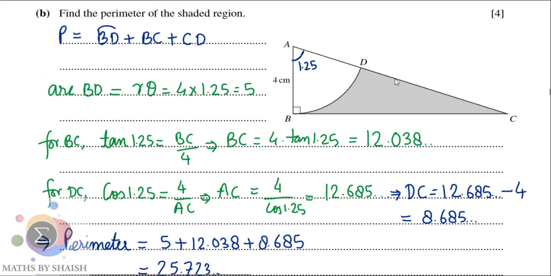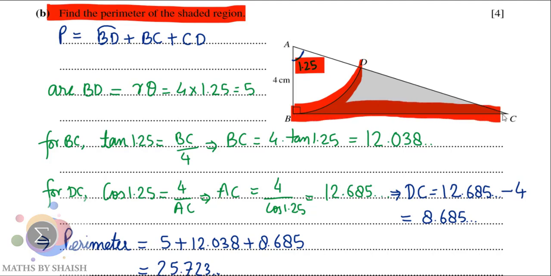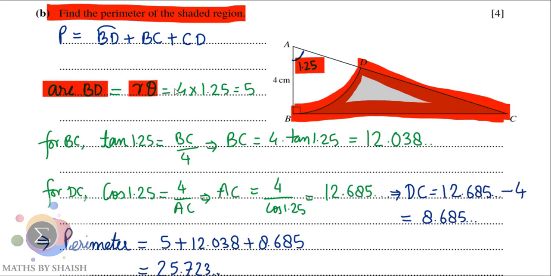And for the B part, I have copied the diagram here, and this angle we got as 1.25 radians. Find the perimeter of the shaded region. The shaded region, we can see, includes the arc length of BC and DC. So first of all, we will calculate the arc BD, that is of course r theta, we know the formula, and it is 4 into 1.25, that is 5 centimeters.